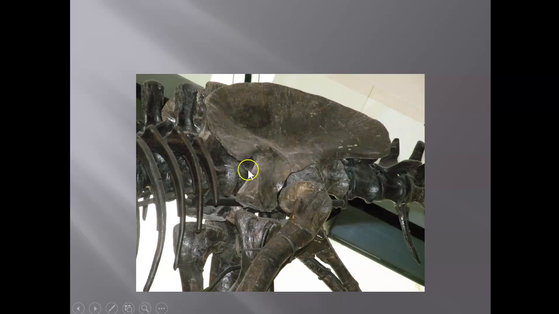This is a scapula, or shoulder blade, of a dinosaur. And ours is different than that, but similar in that it's a broad, thin bone for muscle attachment. And all the muscles that attach to this scapula relate to the shoulder joint in terms of its attachments and the influences on movement and so forth.